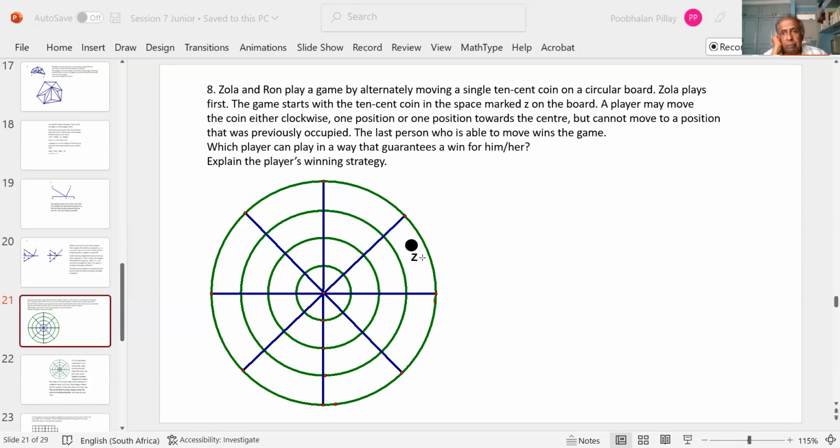When I put a Z here, it means the player starts with the 10th set game marked Z on the board. So Z is this, that means it's Zola's play. So what does Zola do?